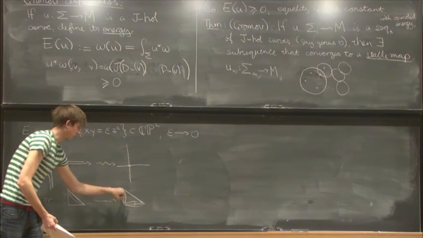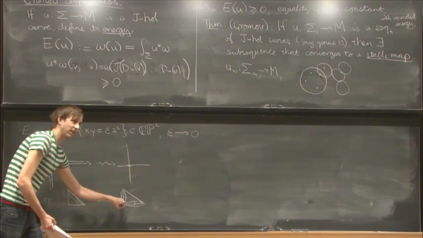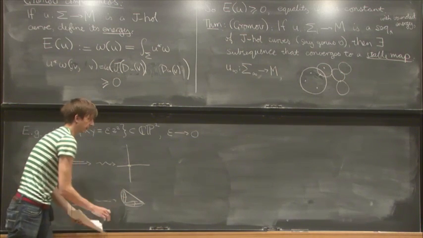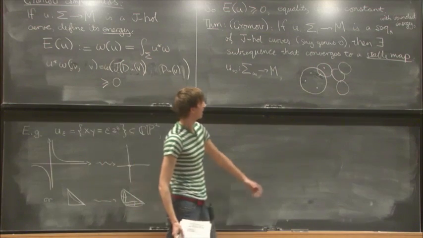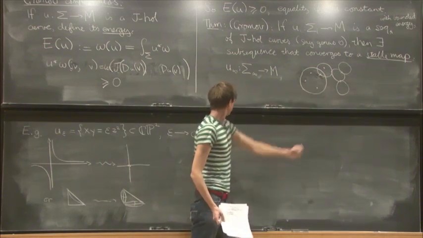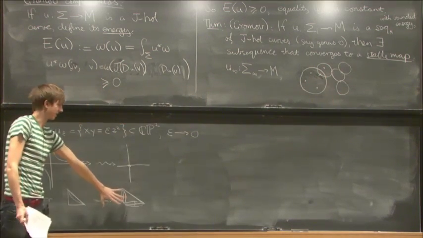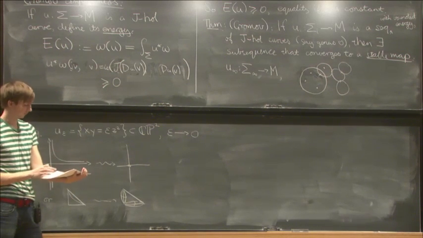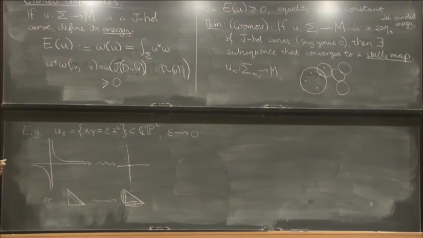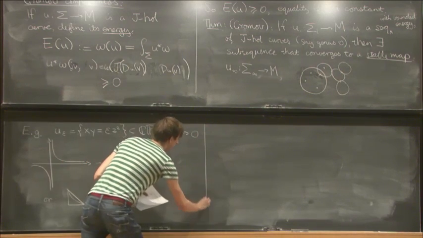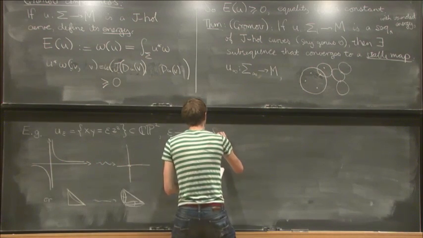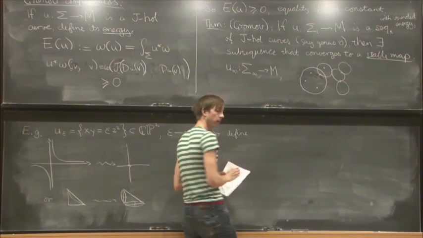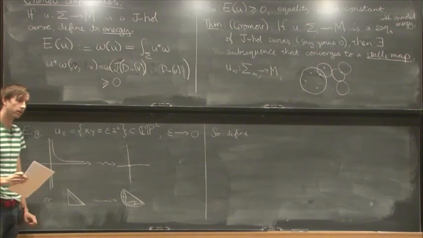And then you need to zoom in and look at where this bubble came from by puncturing that point and show that things meet up like this. Basically, think of this as the prototypical example of that kind of Gromov convergence. So M is supposed to be CP2 here? Yes.